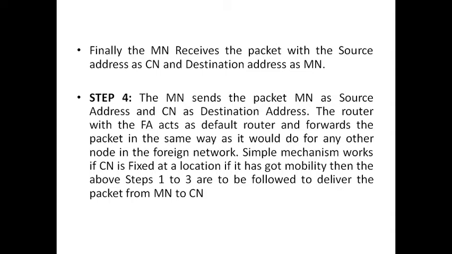Finally, in step 4, the mobile node sends the packet to the MN as a source address and CN as the destination address. Actually, this step 4 will tell about the packet transmission from mobile node to the correspondent node.